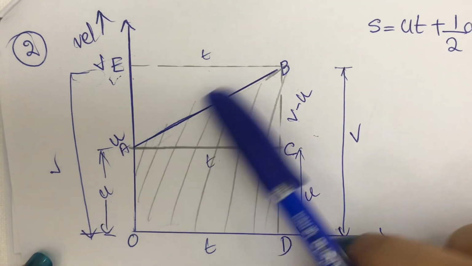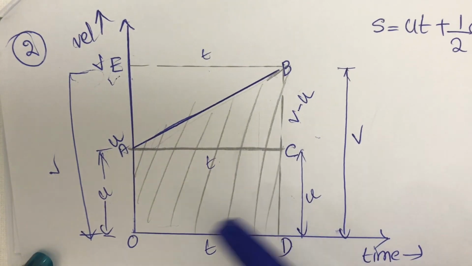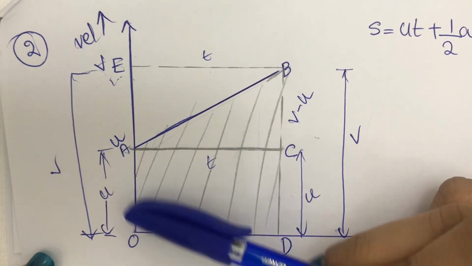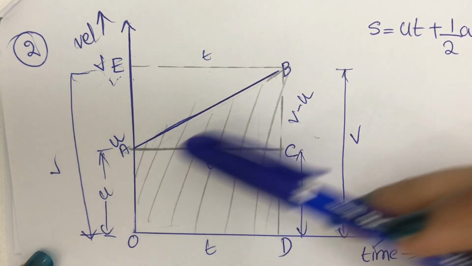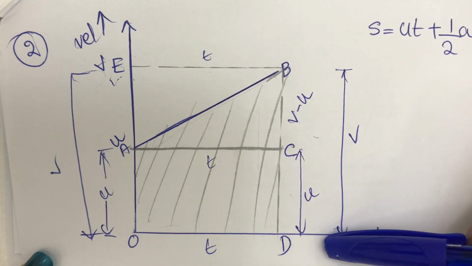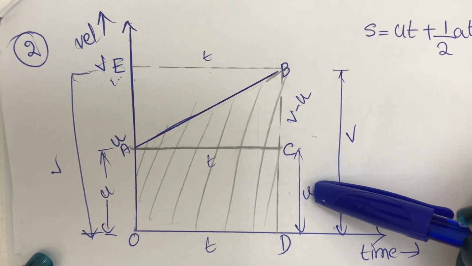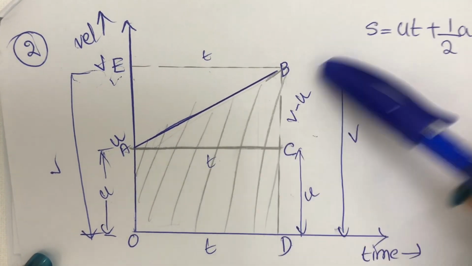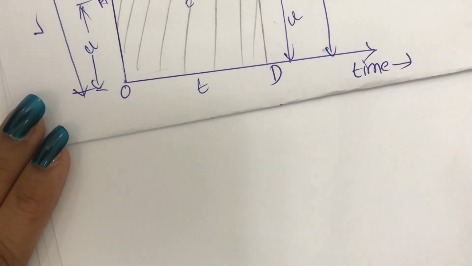So again we have marked A, B, C, D, O and E. Okay, and you know AO is U and EO is V. Similarly BD will be V and CD will be U, and therefore BC will be V minus U, right? So displacement is the area under the slope. So I'll write it here.